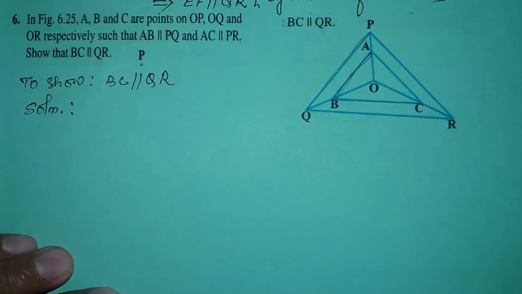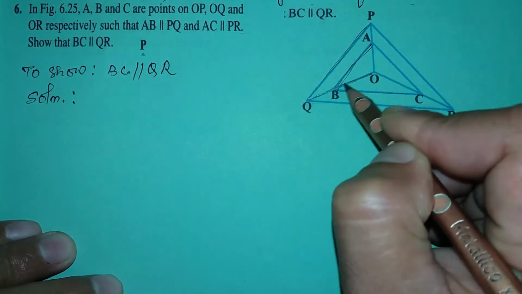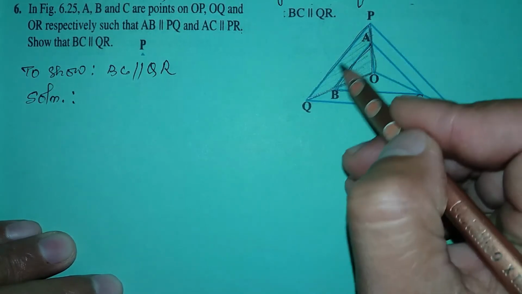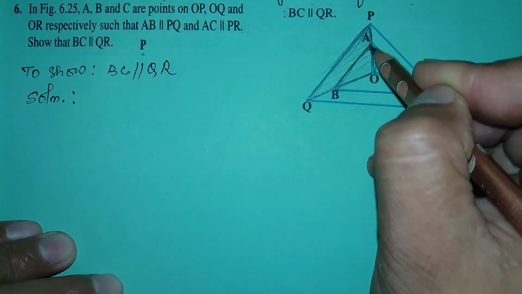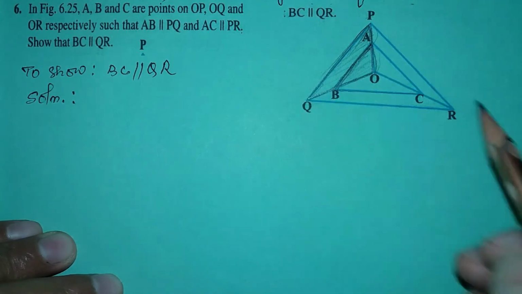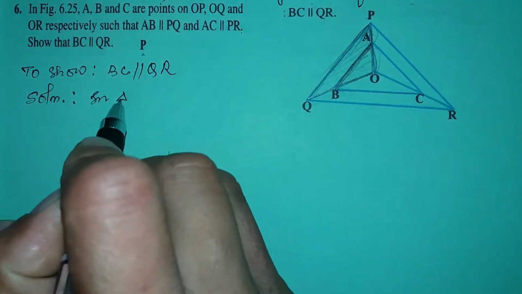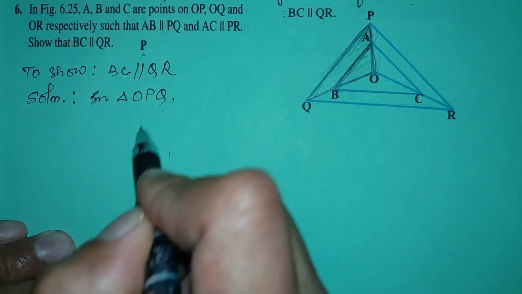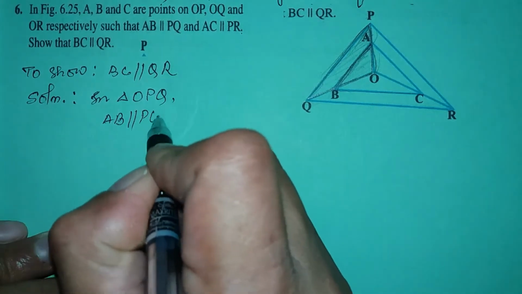Now solution. First let us take this triangle OPQ. Now in this triangle, according to the question, this AB line is parallel to PQ. So we can say that OA by AP is equal to OB by BQ. So in triangle OPQ, AB is parallel to PQ, which is given.